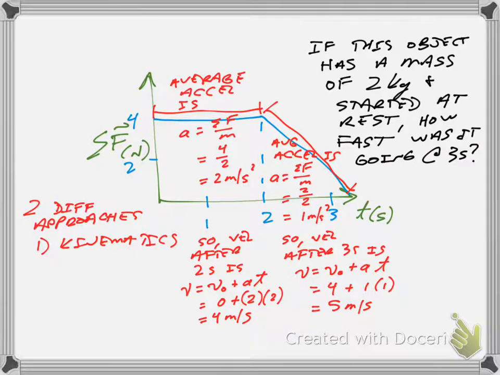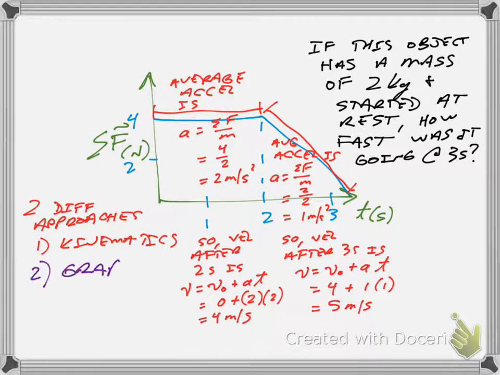So I take that acceleration for that 1 second, and I use my kinematics equation again: the final velocity equals the initial velocity plus the acceleration times time. It's going 4 at 2 seconds, because we saw that it sped up to 4 in the first 2 seconds, and then the acceleration of 1 for 1 second will take it to a final velocity of 5 meters per second after 3 seconds.